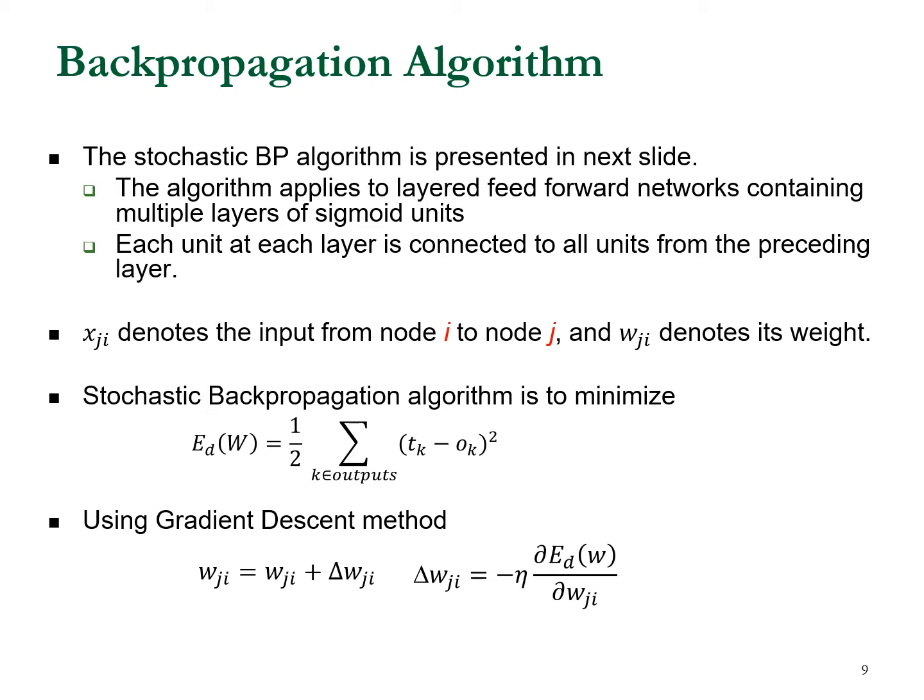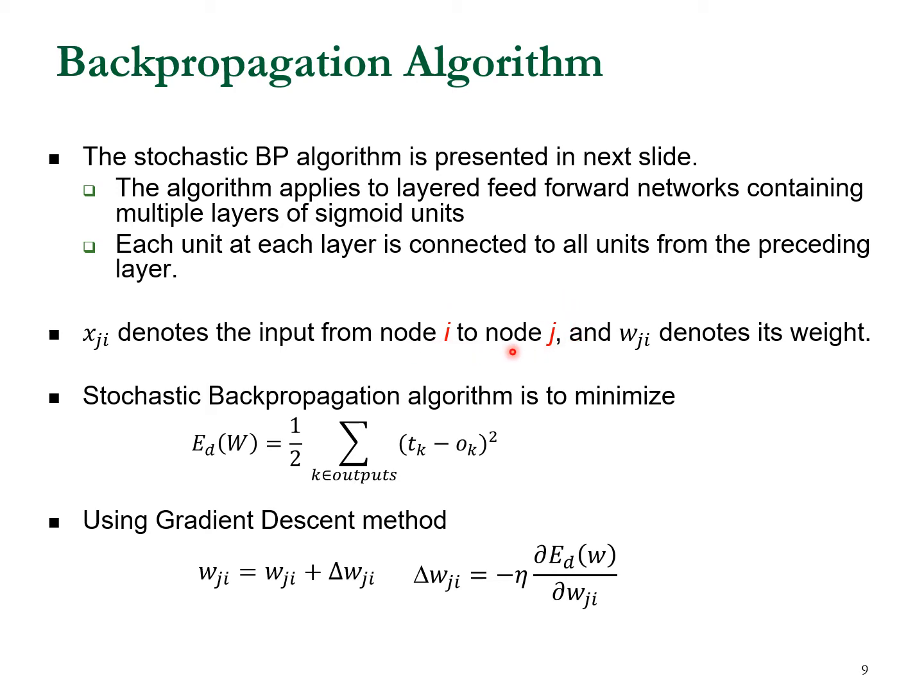It actually consists of two phases. The first phase is a forward phase, where the algorithm moves from input to output. The second phase is a backward phase, where it moves from output to input. As for notation, x sub ji means this is input from node i to j.